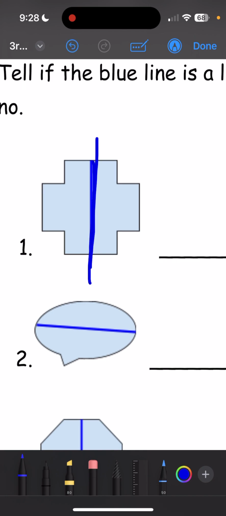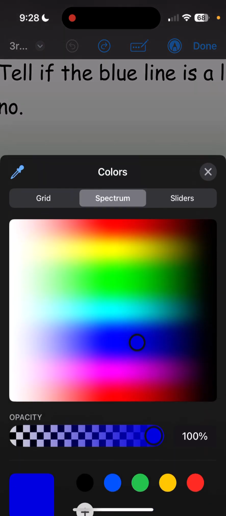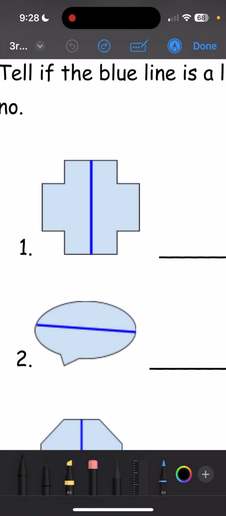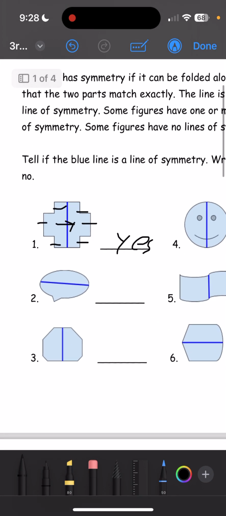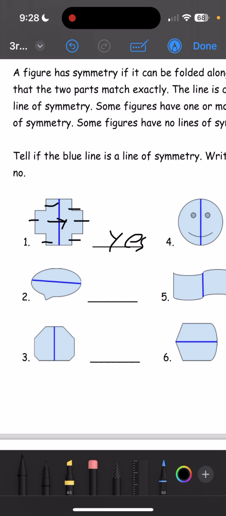When we fold it, this side would come here and land right on top of this side. So is the other two sides. So yes, the blue line is a line of symmetry.